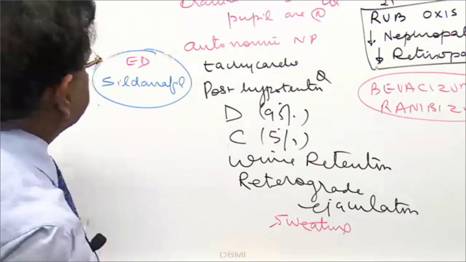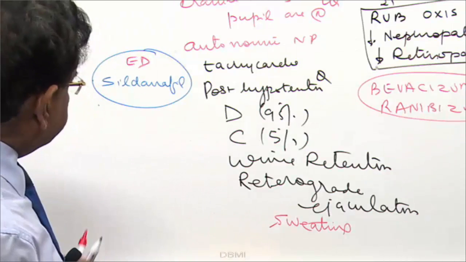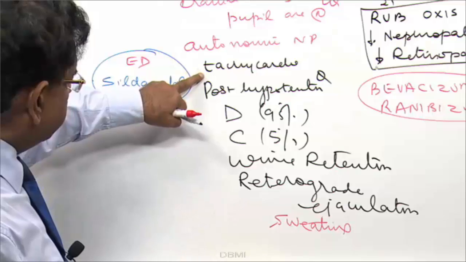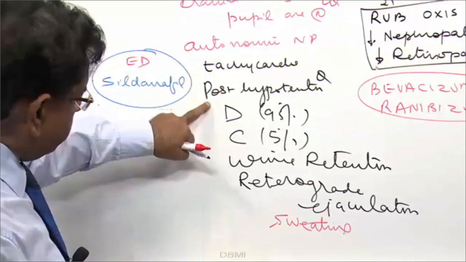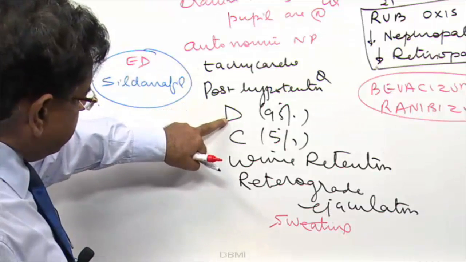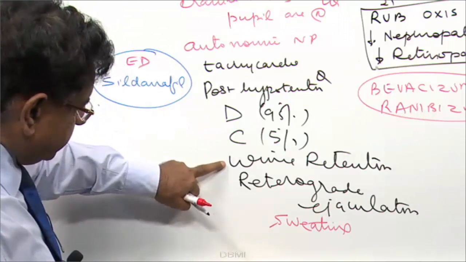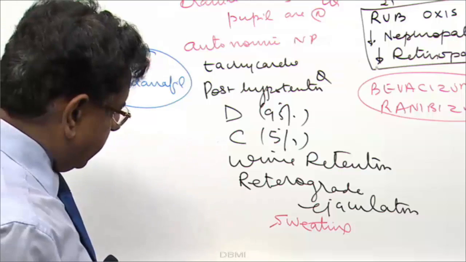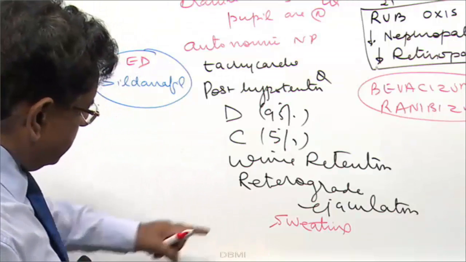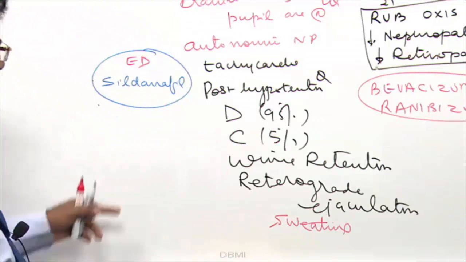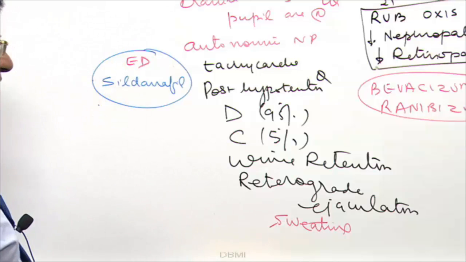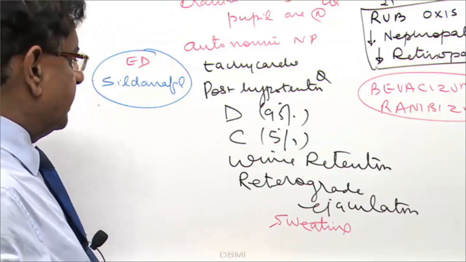So friends, regarding autonomic neuropathy: tachycardia, postural hypotension, diarrhea 95%, constipation 5%, urine retention, retrograde ejaculation, altered sweating response, and erectile dysfunction, for which we use sildenafil.